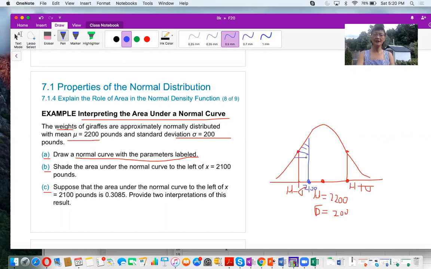So this is the area to the left of 2,100. So this is question B. And question C. Suppose the area to the left of 2,100, suppose this area is equal to 0.3085.